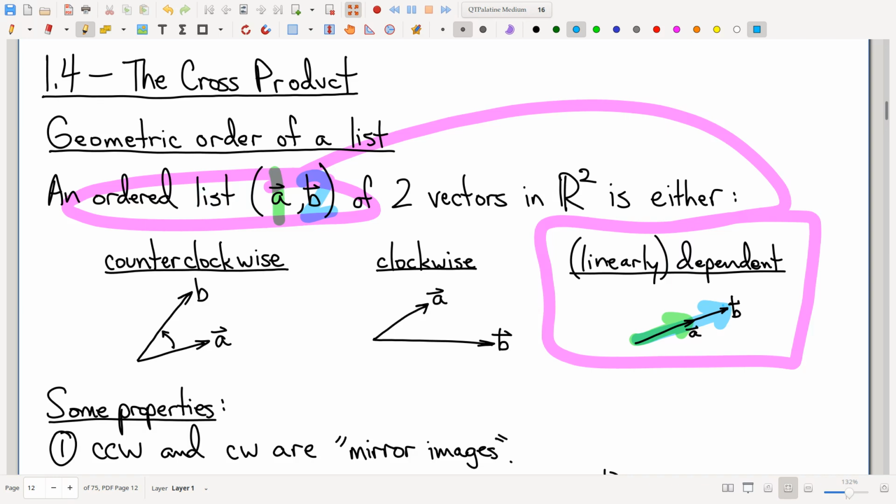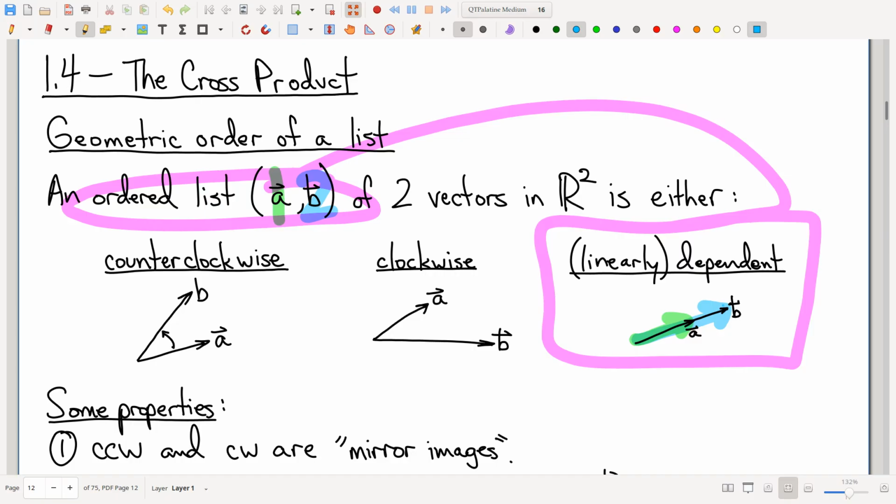So there are various versions of these annoying third possibilities. Here, the reason we can't talk clockwise or counterclockwise is because they point in the same direction. Likewise, if they point in exact opposite directions. Likewise, if one of them is the zero vector and doesn't have a direction. Various annoying possibilities that don't really fit into the whole clockwise, counterclockwise thing.